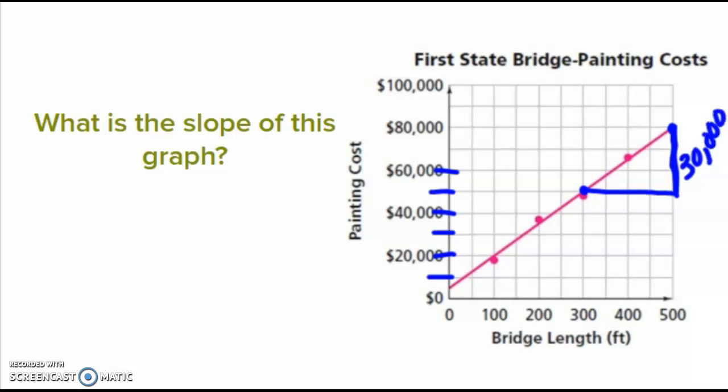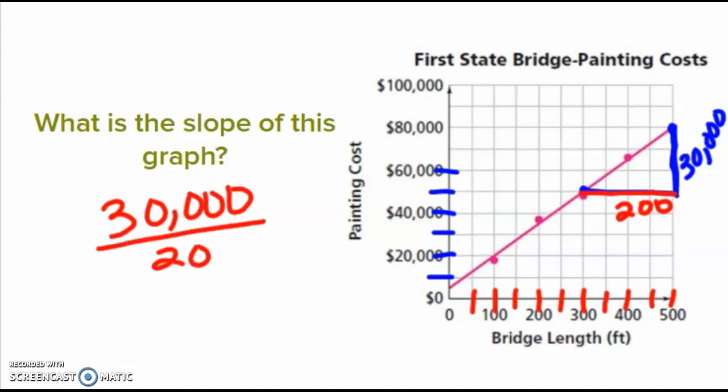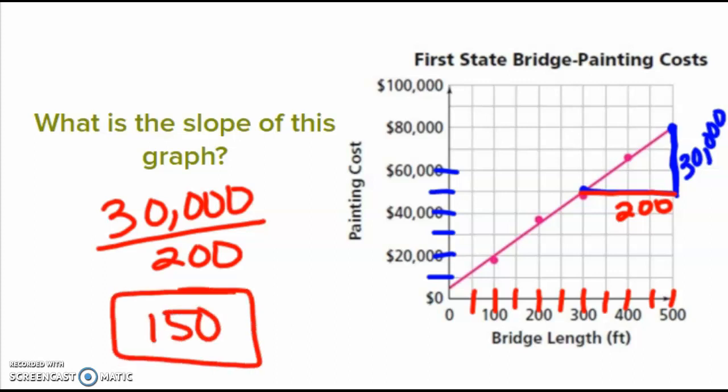And then across the bottom, what are we going up by every time? Every space represents 50. So 50, 100, 150, 200. So my rise over my run, if you simplify this, if you take 30,000 divided by 200 in your calculator, you should come up with 150 for your slope.